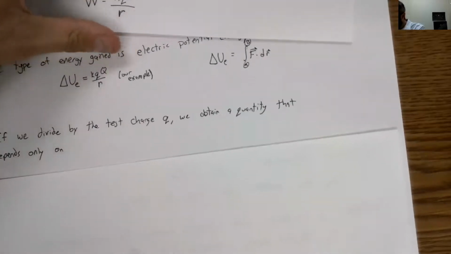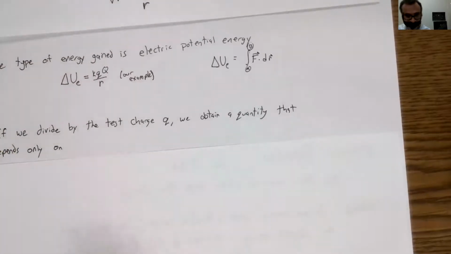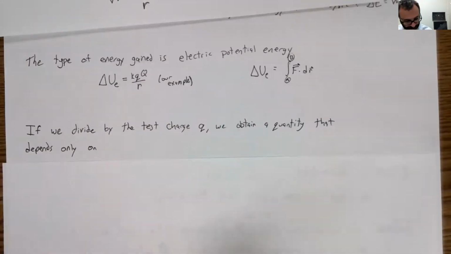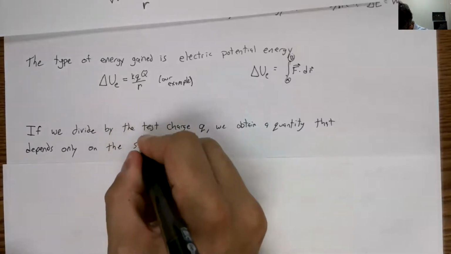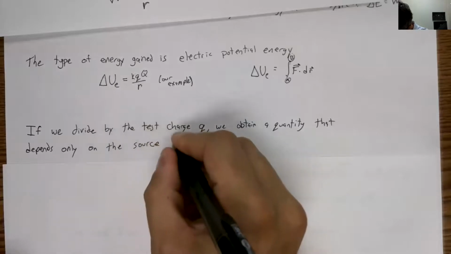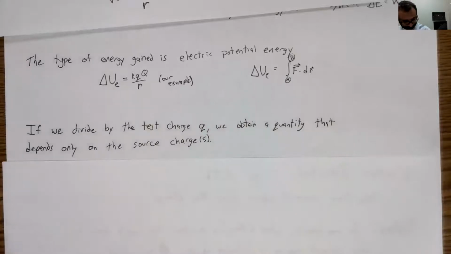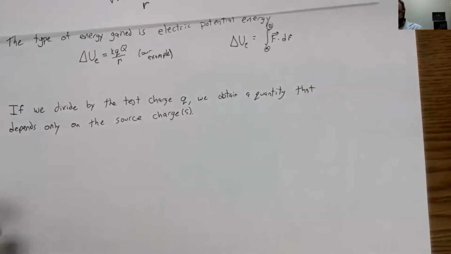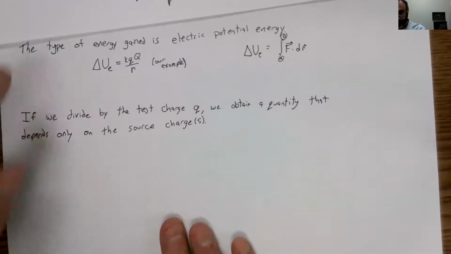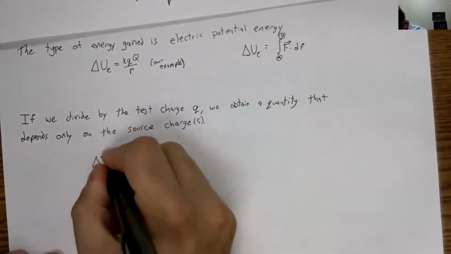So what we do is divide by the test charge q, and we obtain a quantity that depends only on the source charge, there might be more than one. And then we'll define that quantity to be the electric potential.